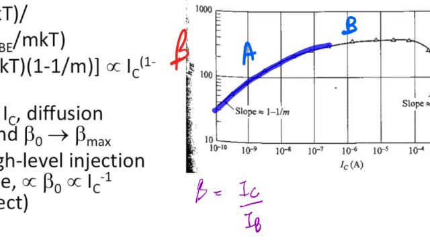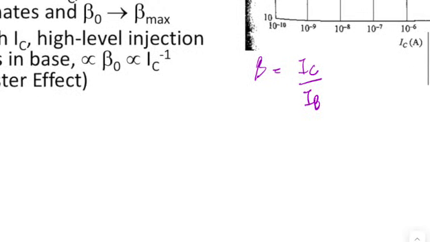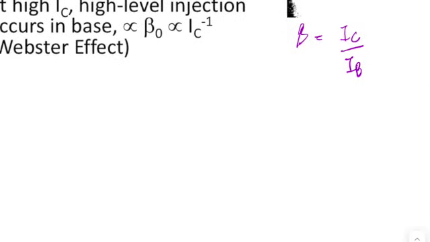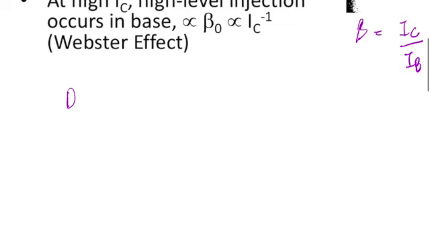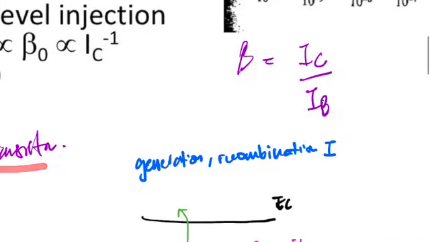So let's see why it seems that the gain is increasing with the collector current. It has to do with the defects in the transistor. Let's go back to this equation.